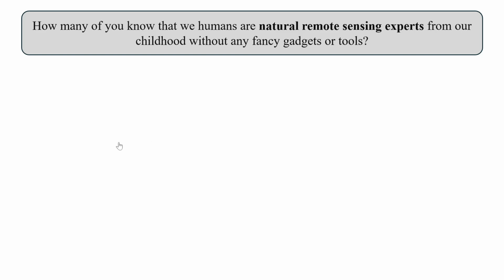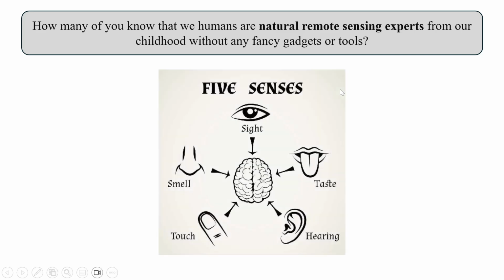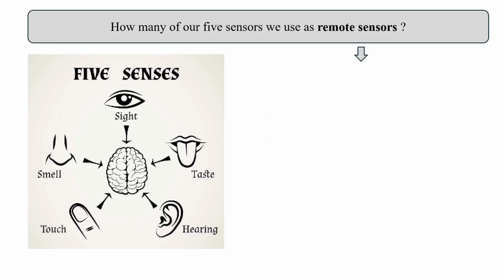So does anyone know that we are natural remote sensing experts? We have five senses, and how many of these do we use as remote sensors? I think you'll be able to answer if you know what remote sensing is.